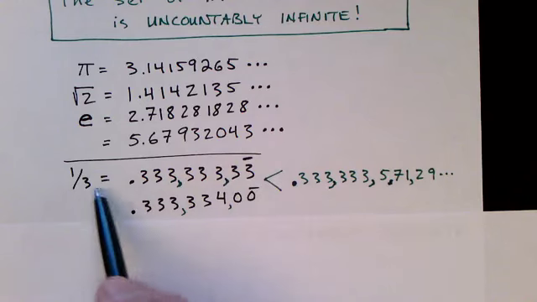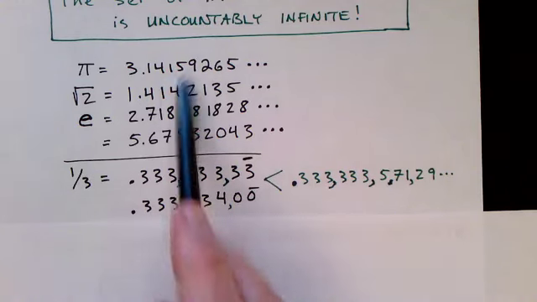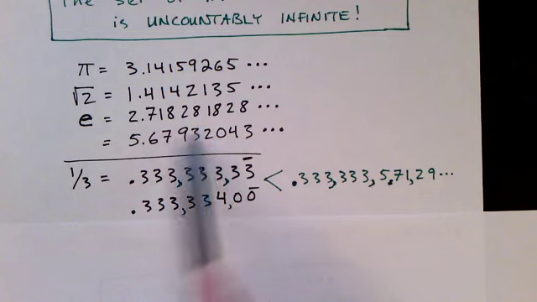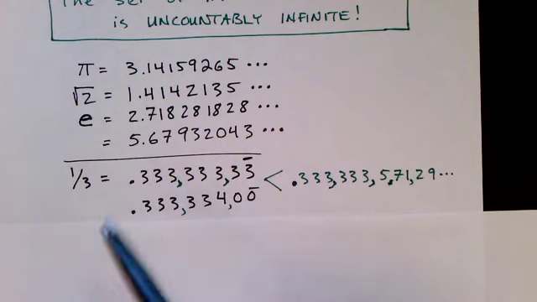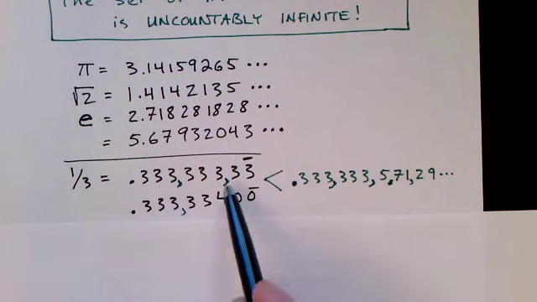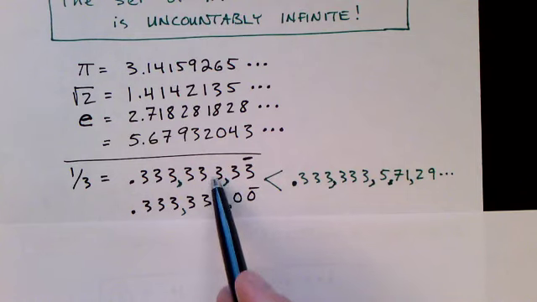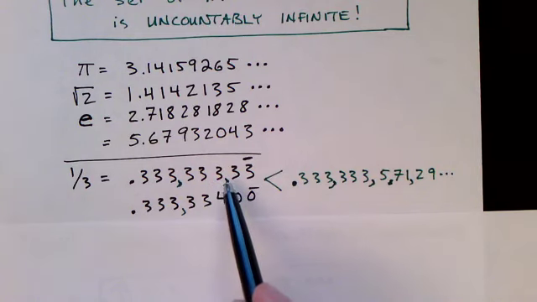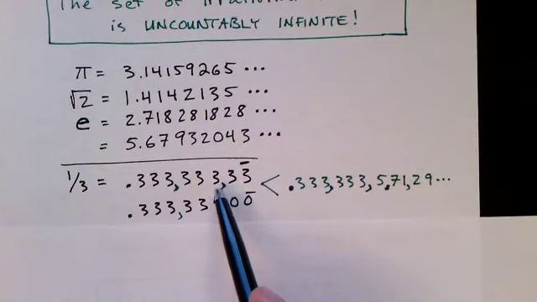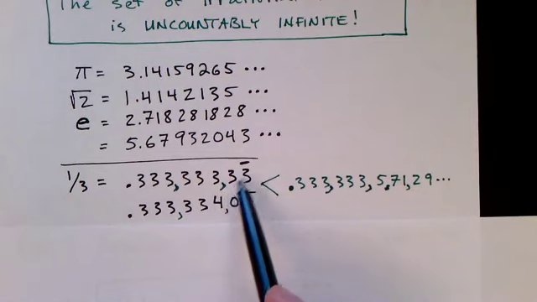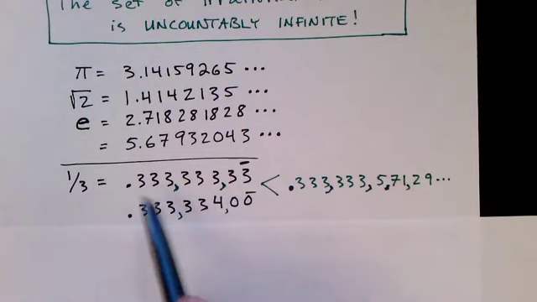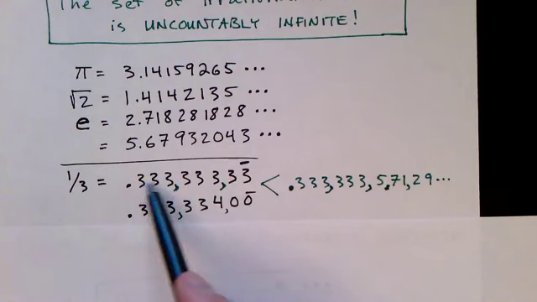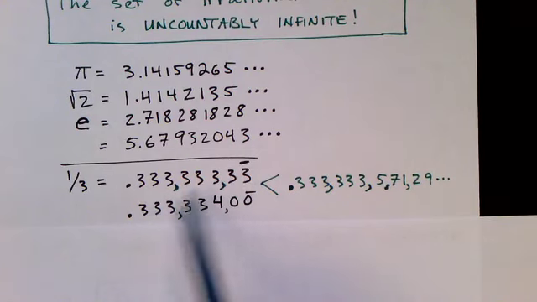It can be expressed as a fraction, whereas none of these numbers can be expressed as a fraction of whole numbers. Now, between any two rational numbers, there's an infinity of irrational numbers. And I've tried to show that by showing a rational number, 1/3, and here's another rational number that's almost the same.